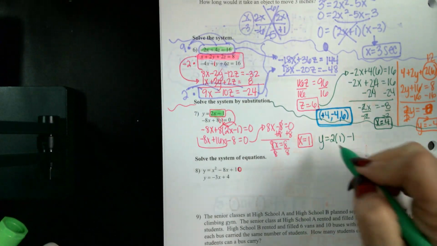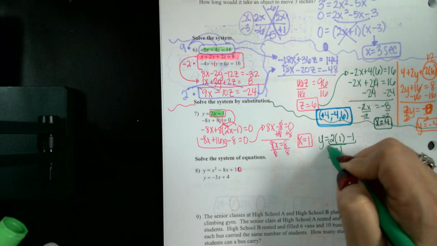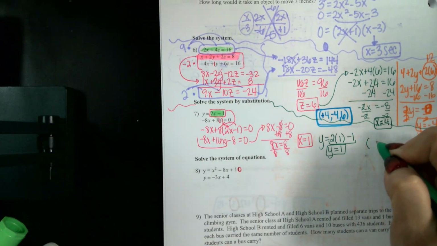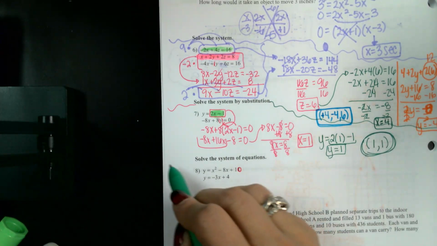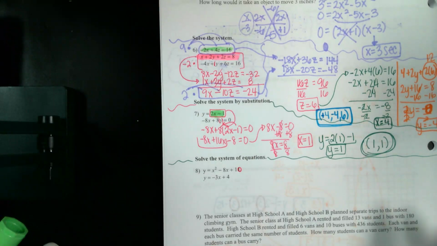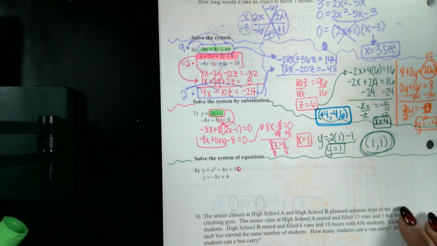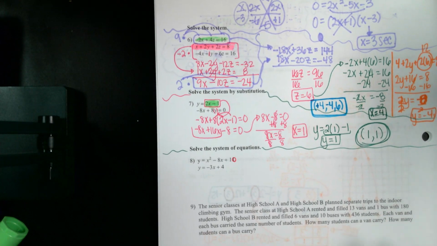Well, what is 2 times 1 minus 1? There you go. They're both 1s. So our ordered pair would be 1, 1. Phew, that's a lot. Just also squished in there. That's fine. I was just shrinking it down so you could actually see all of it.